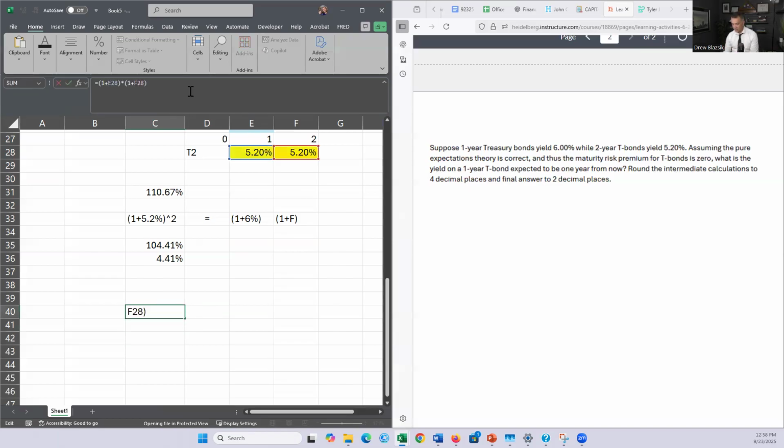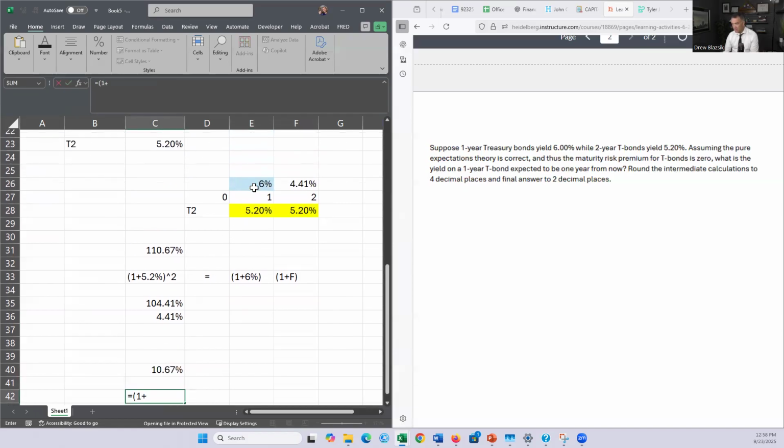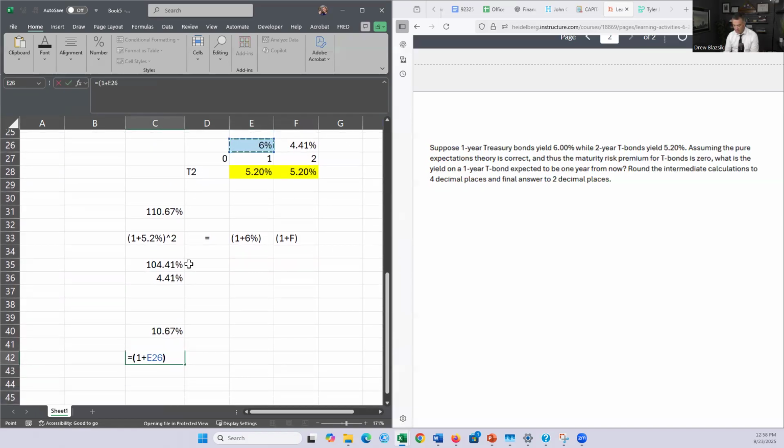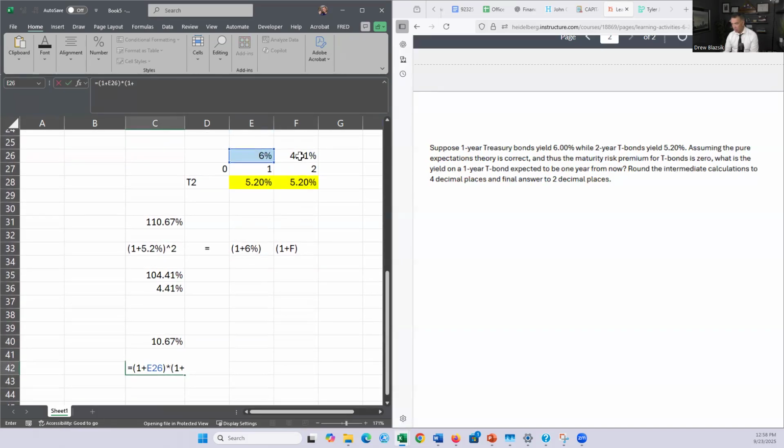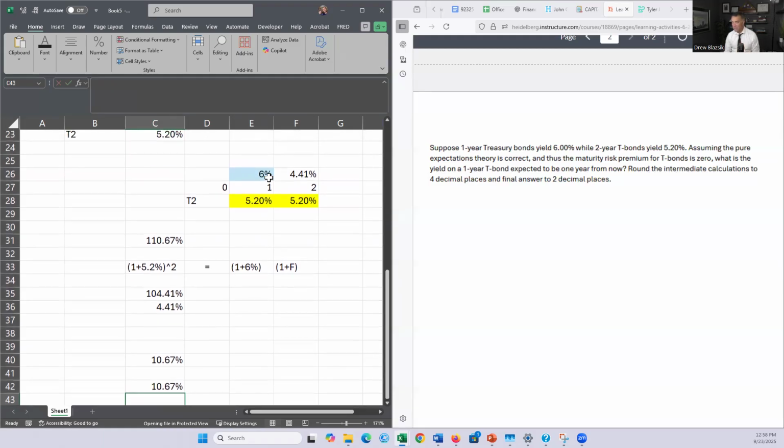And if you want to, then we have to subtract out 1 to get the actual interest rate. So we're getting a total of 10.67% for that 2-year treasury for 2 years. And that would be equal to, if we had the 1 plus the 6% times the 1 plus the 1 we just calculated, I'll subtract out 1, 10.67%. So it's the same thing.